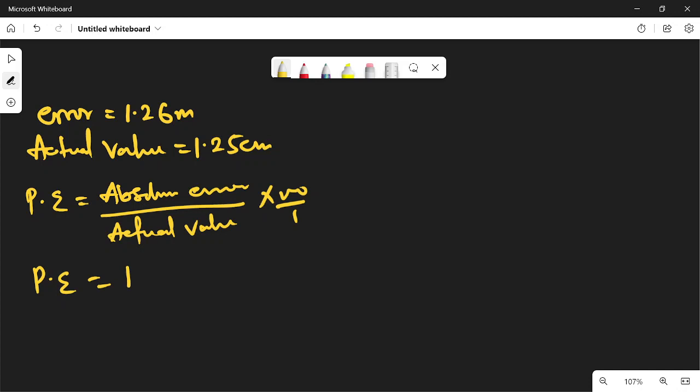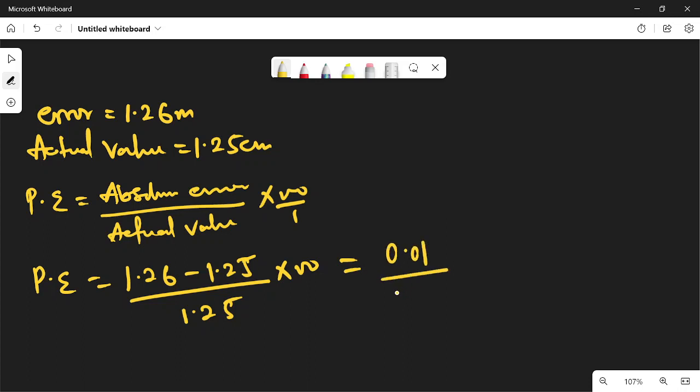So that will be 1.26 minus 1.25 divided by 1.25 times 100. 1.26 minus 1.25, what do we have? 0.01. 0.01 divided by 1.25, what do we have? 0.008. So multiply it by 100, you have 0.8%. Abi?